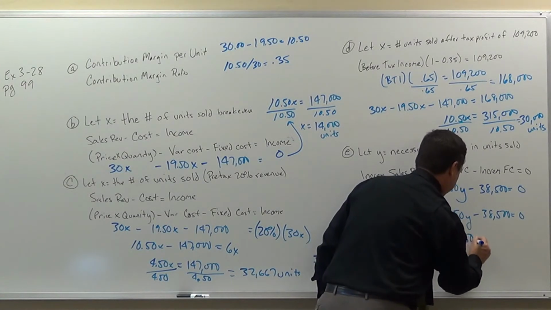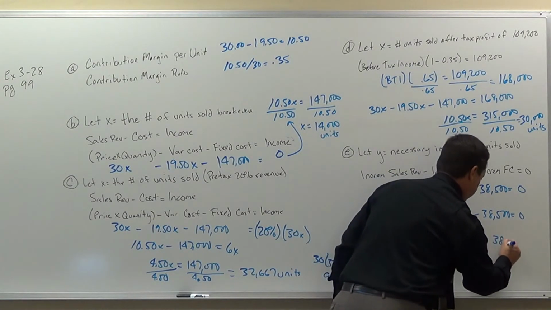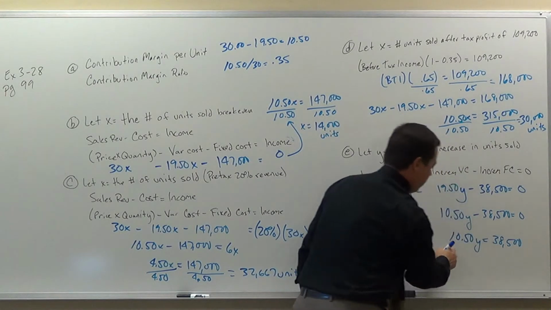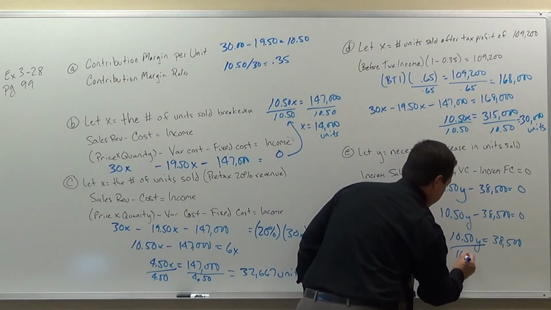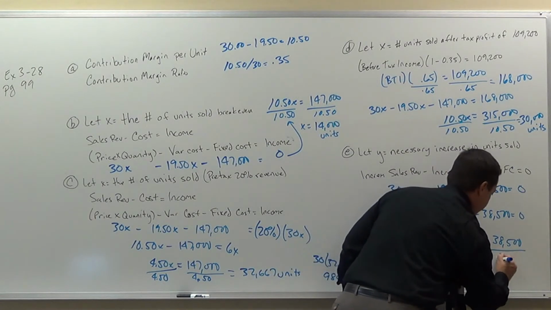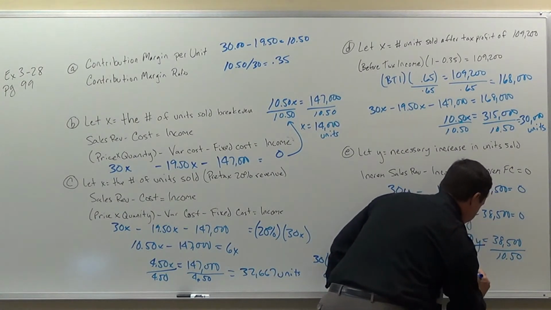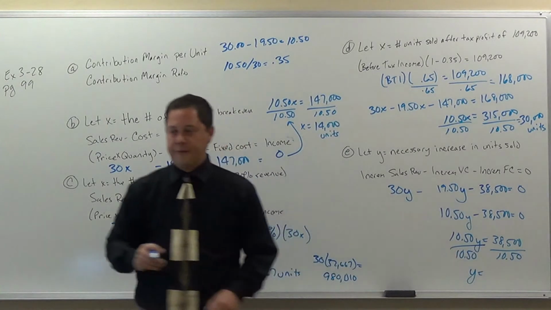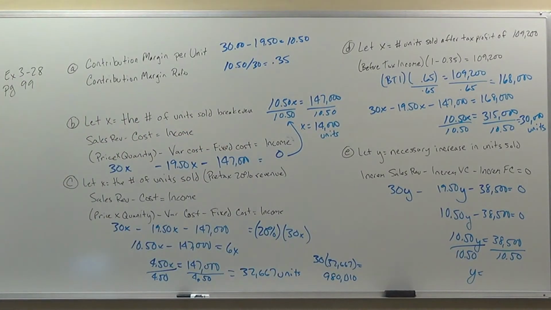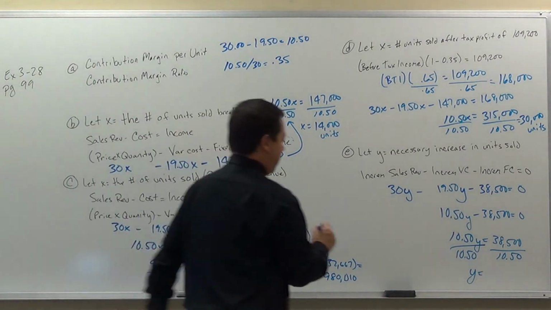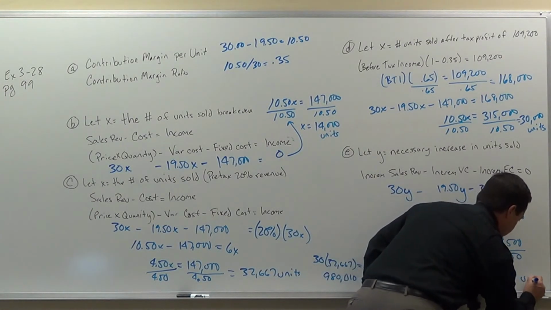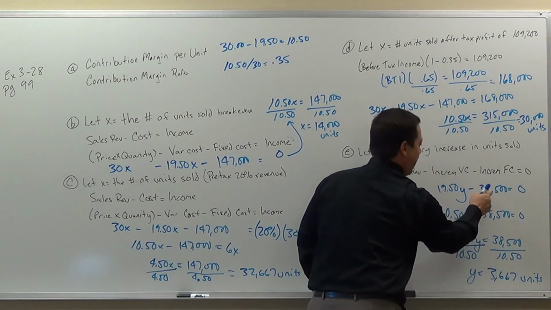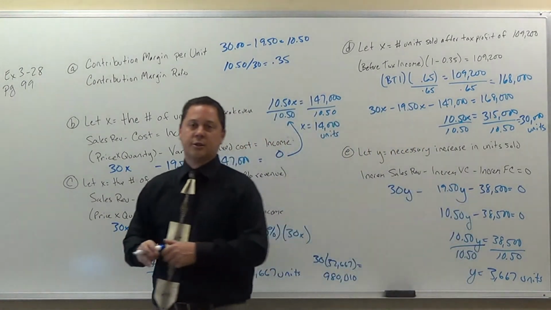So that leaves me the $10.50 Y. Divide that by 1050. Divide this by 1050. And that means Y, which is the amount we have to sell, equals 3,667 units that must be sold to make up this difference for adding that additional in there.